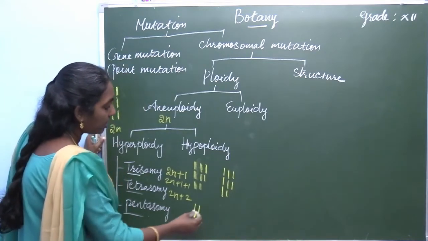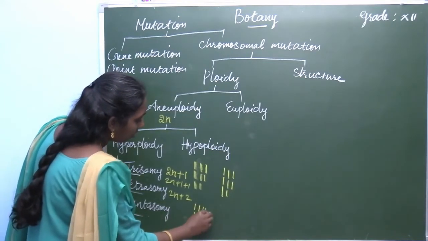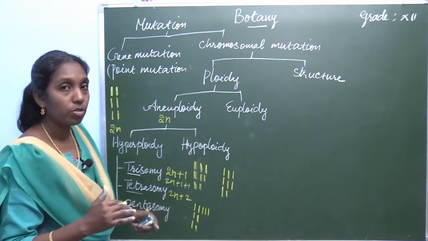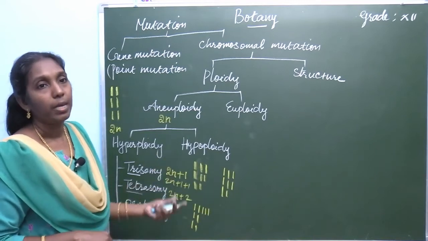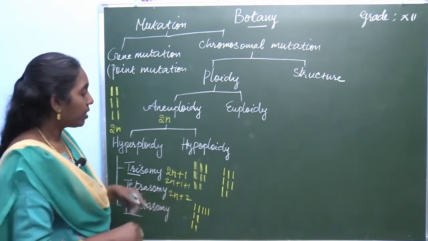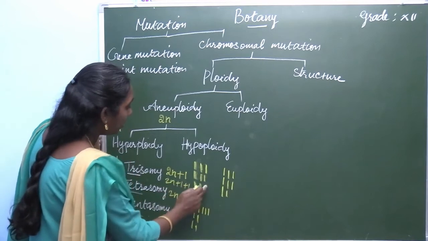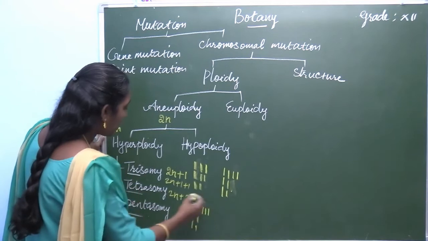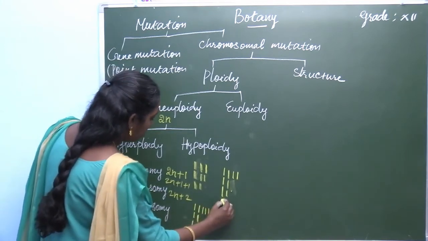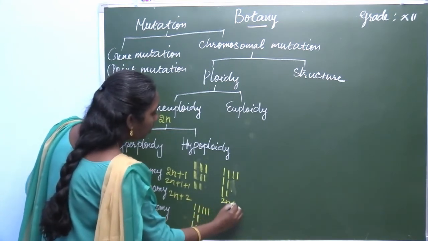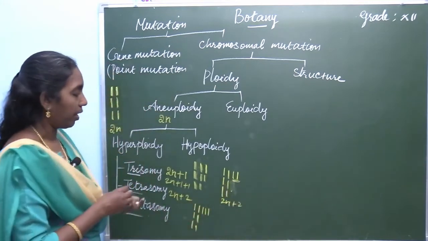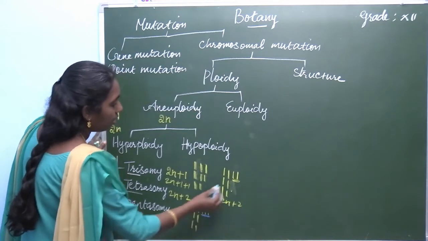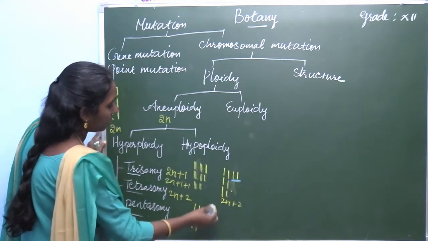This is the normal set, and here these chromosomes are added. 3 sets of chromosomes added are called pentasomy. This condition is tetrasomy, 2n plus 2, with 2 added. Here, pentasomy, 3 sets.